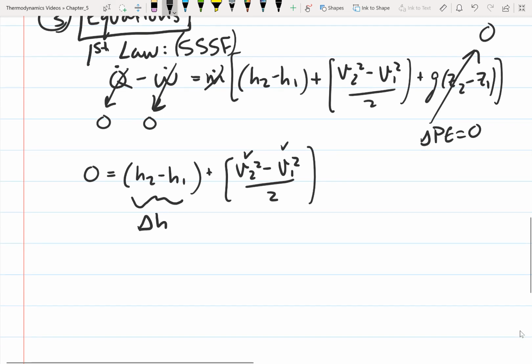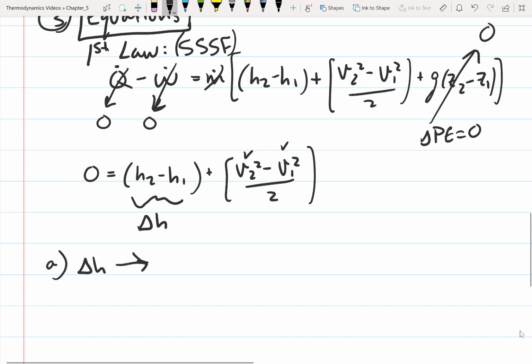So I'm going to just list the two ways that we can solve this. So we're looking for delta H, and from the enthalpy, we can get the temperature from the air table. So we can get T2. So let me write down the steps that we would use for that.